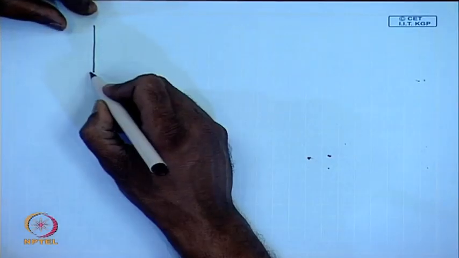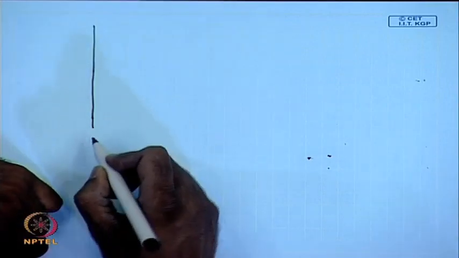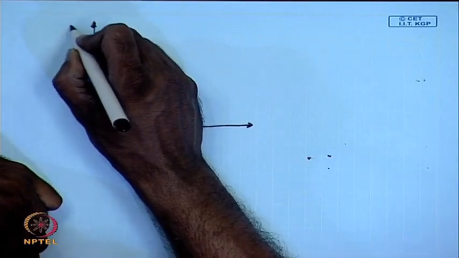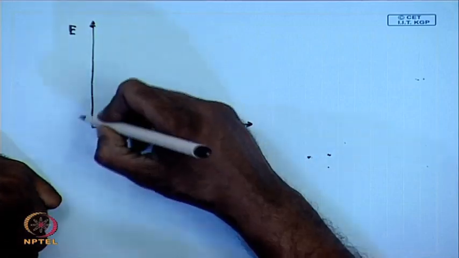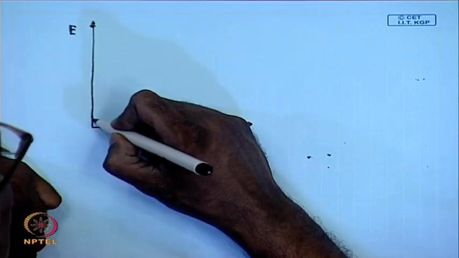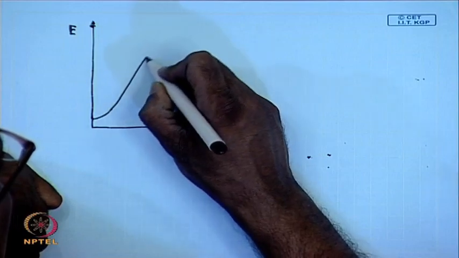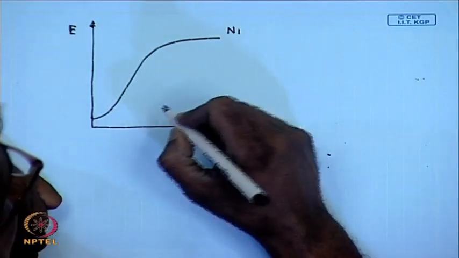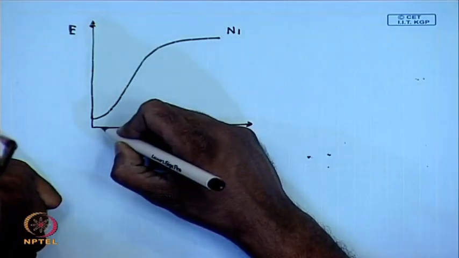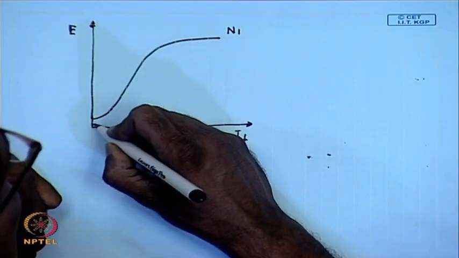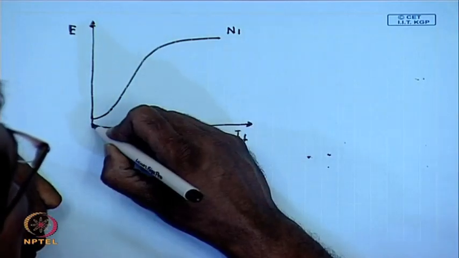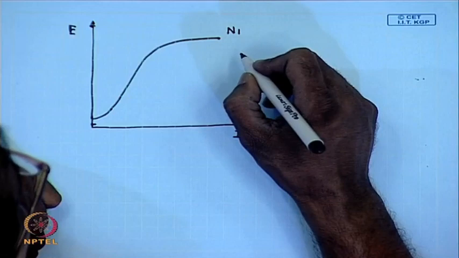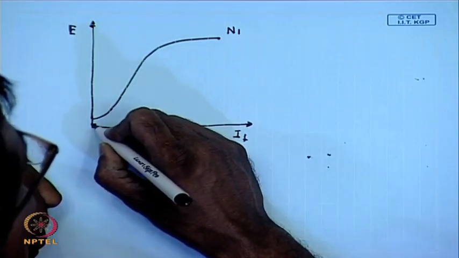For example, let us assume that this is the OCC for a rotational speed N1. Then the OCC for a different speed N2, which is greater than or less than N1, can be drawn by multiplying the OCC at N1 by the ratio N2 by N1.